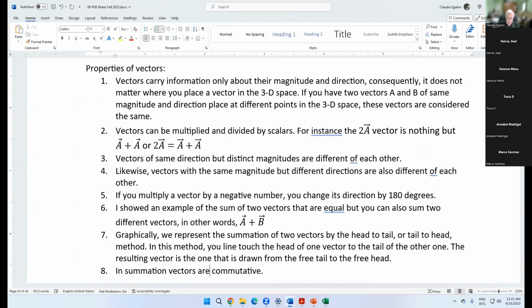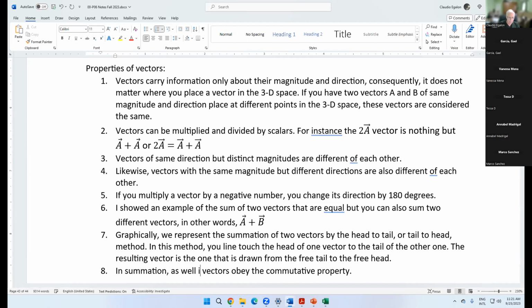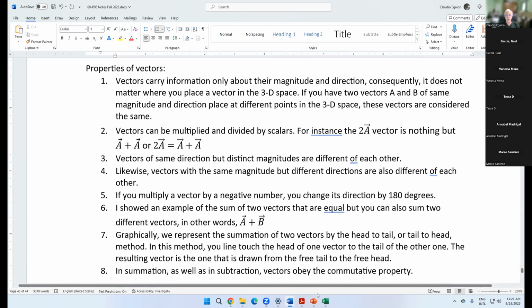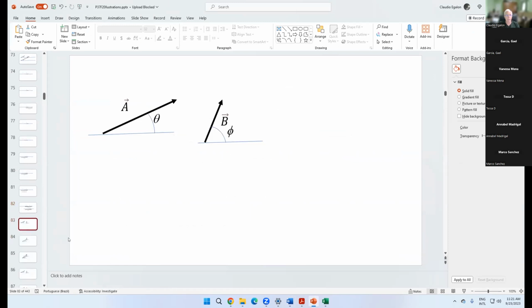Vectors obey the commutative property in summation, as well as in subtraction, right? Vectors obey the commutative property. Here we're doing just the one-dimensional example, but we can come up with the two-dimensional example as well.